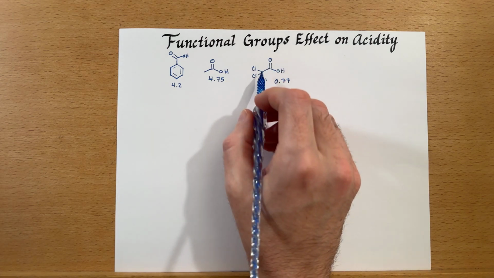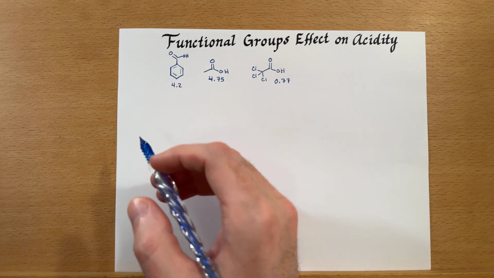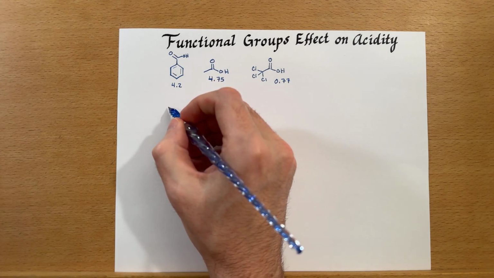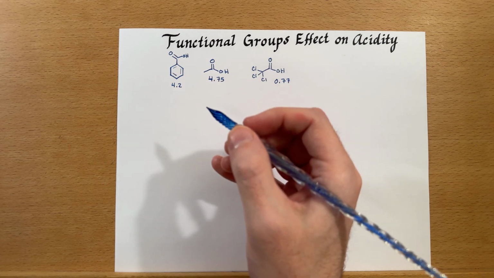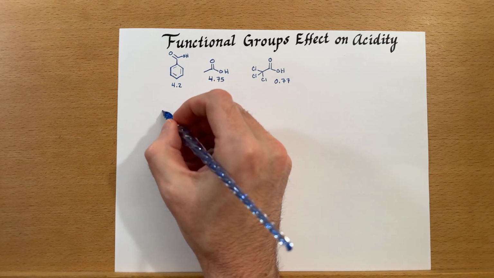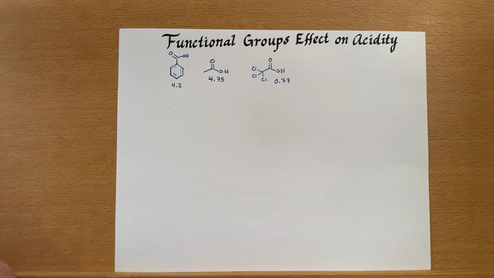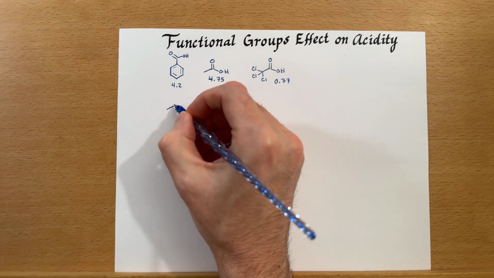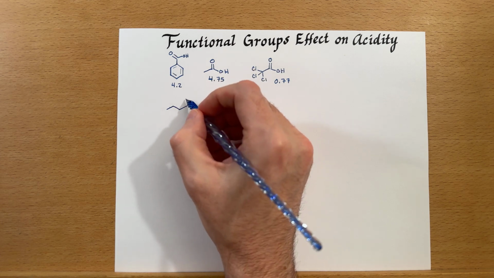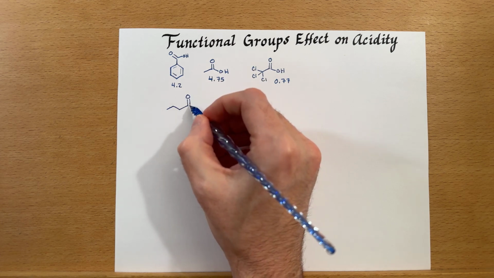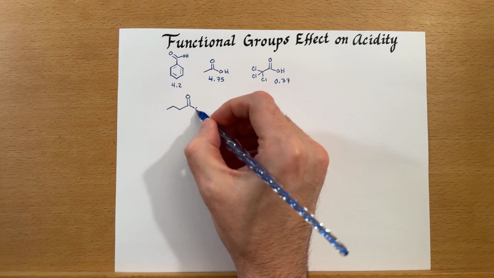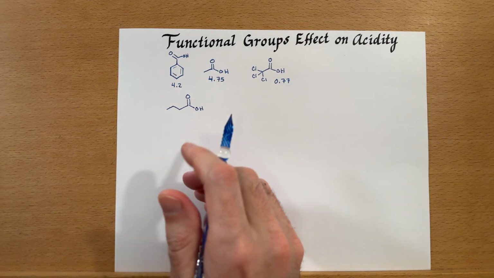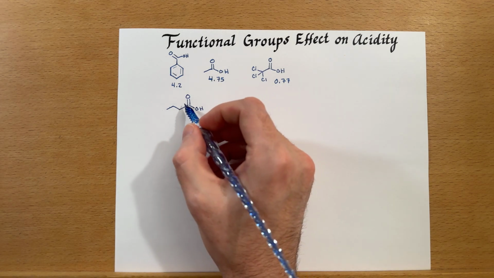Let's examine the effect of this chlorine in another context. So we'll look at butanoic acid. To do a proper comparison of this, we'll start off with just butanoic acid with no halogens on it.